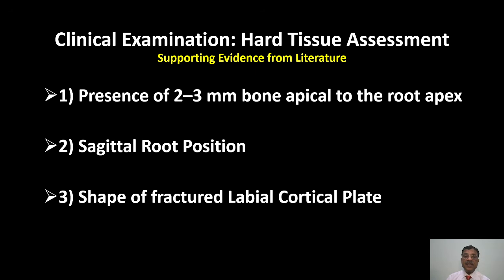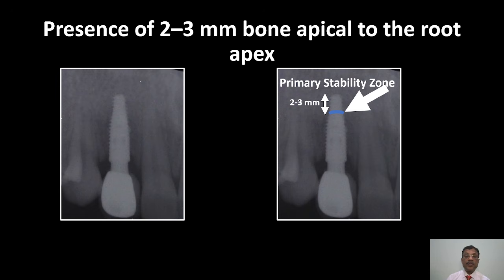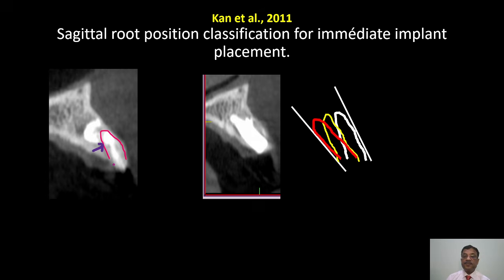We have to assess the sagittal root position and the shape of the fractured labial cortical plate, whether it is V-shaped, U-shaped, or inverted V-shaped. Here we can see that we have sound 2 to 3 millimeters of bone apical to the root apex, and this helps us achieve primary stability when we place the implant immediately after tooth extraction.